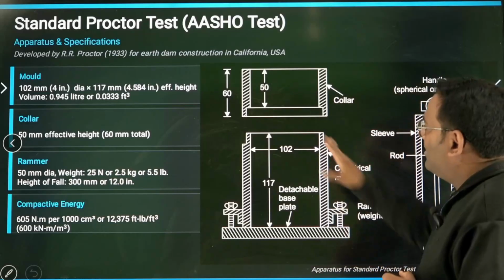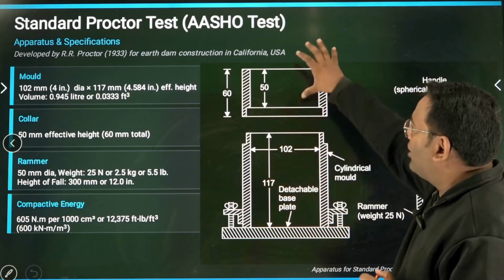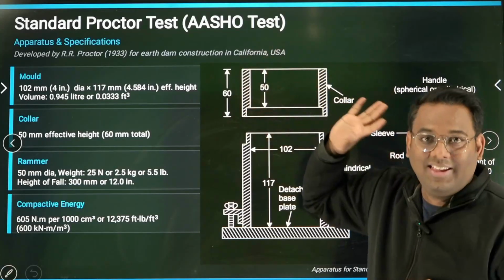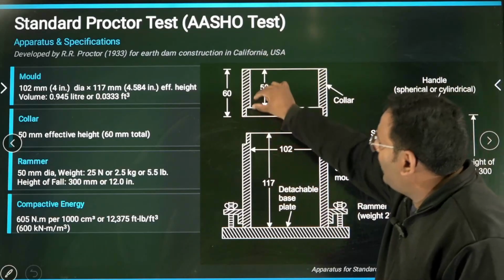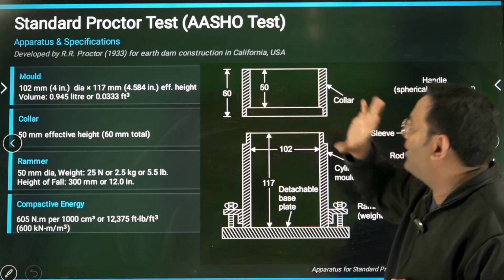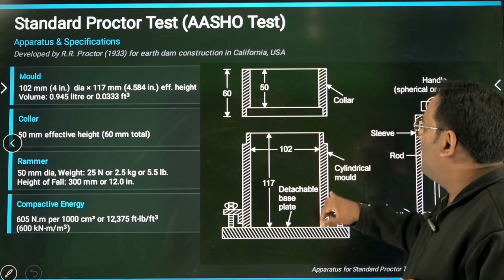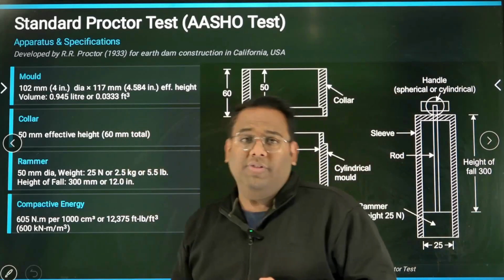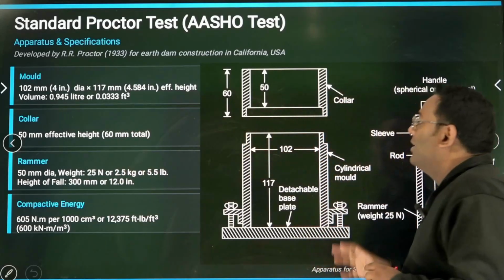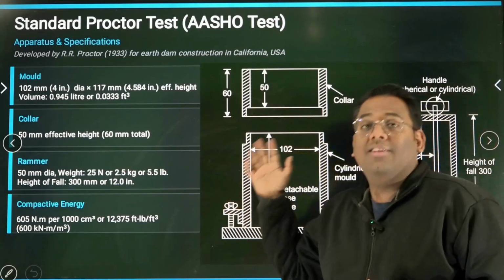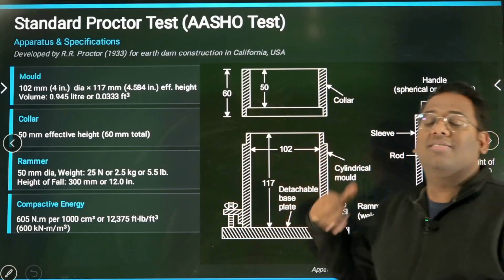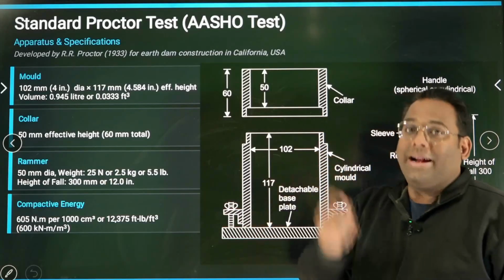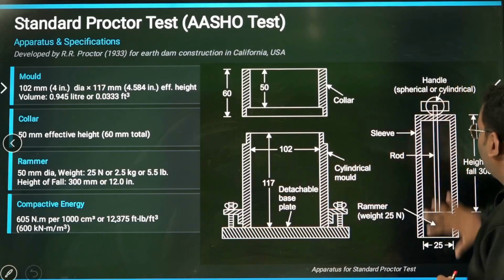Now, this is the mold, and on this you actually keep a collar. The height of this collar is total 60 mm, of which 10 mm gets into the fitting with this particular cylindrical mold. So the effective height of the collar is only 50 mm. Now after that, you fill the soil in this mold in some number of layers, and you impart some compactive energy with this rammer.